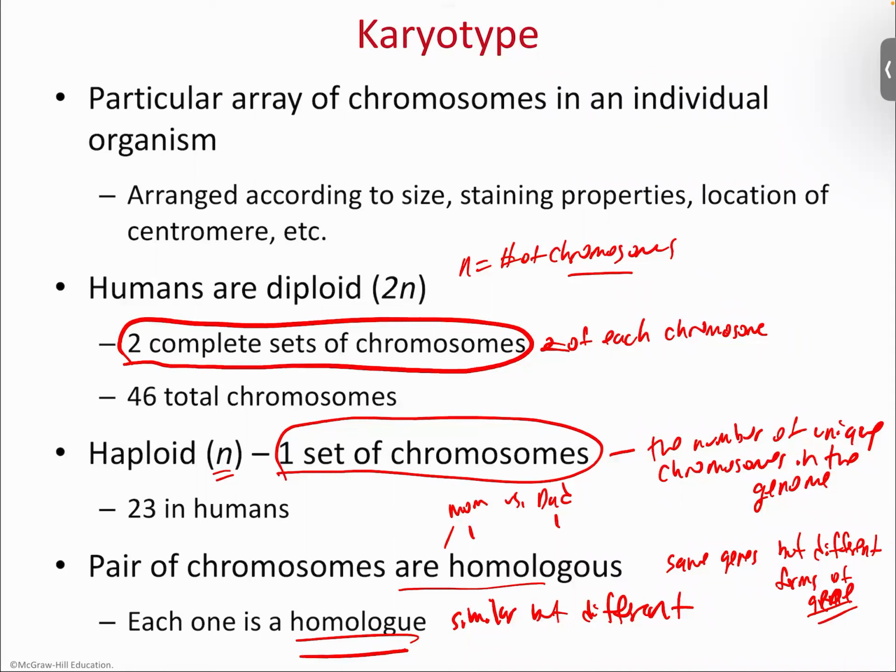What that means is both mom and dad on their chromosome 1 are carrying the gene for hair color, the same gene, because they're homologous. But they're carrying different forms. Dad is carrying dark, mom is carrying light. Now you have one of each.